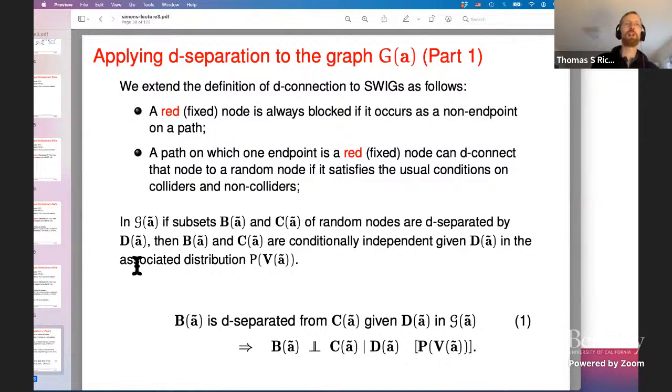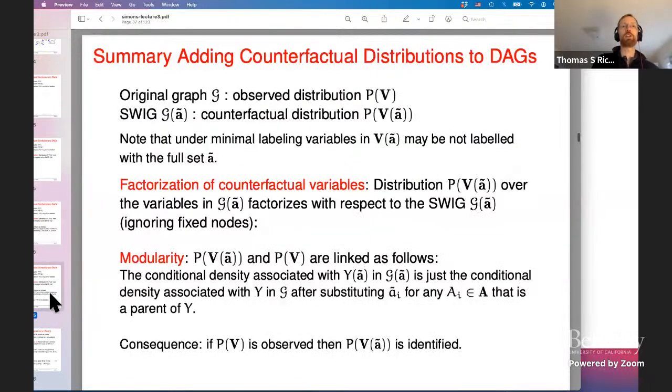And so, I think a key point that maybe I skipped over, a key point I wanted to make on the previous slide, is that it follows from this factorization and modularity assumption. If we observe the joint distribution over the variables in the original graph, then whatever SWIG we construct, the distribution over the counterfactual random variables that occur in that SWIG is identified.